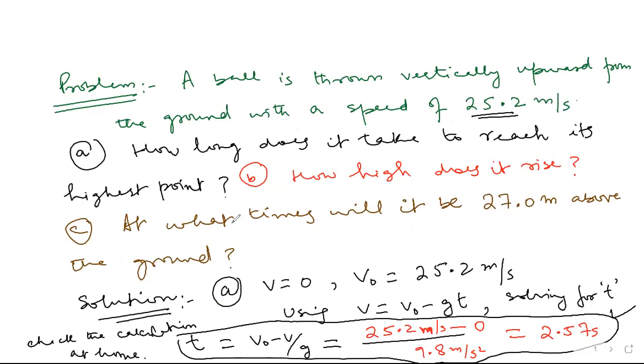Now let us move to part C of the problem. Part C says at what times. That means there is more than one time when this ball is 27 meter above the ground. So we have to solve for those times at which this ball is 27 meter above the ground.